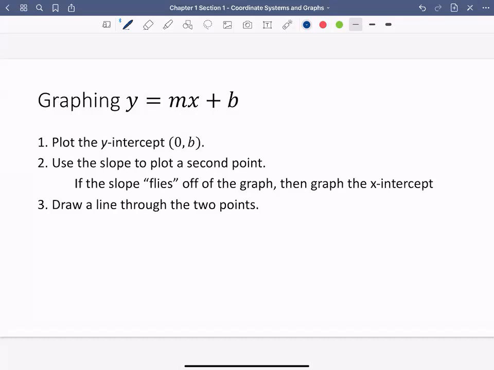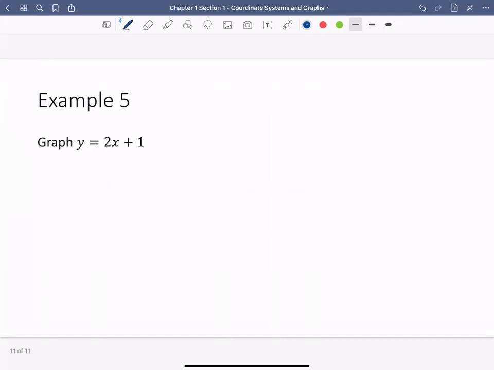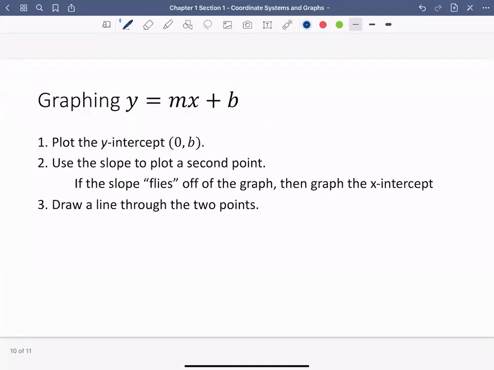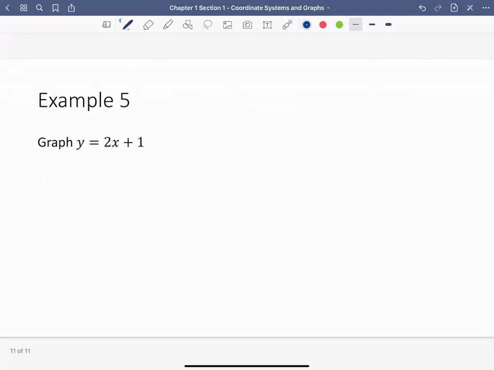If the slope makes the second point fly off the graph, say the slope is 10 over 17 and you can't use it, then you can graph the x-intercept, and I'll show you how. Then you draw a line through the 2 points. So let's graph y equals 2x plus 1.